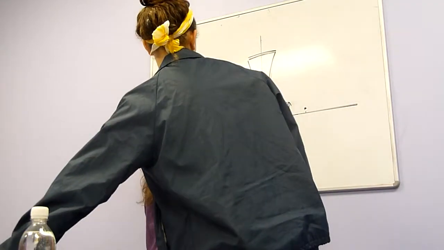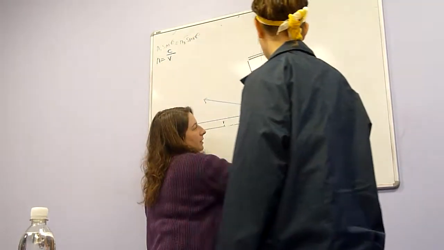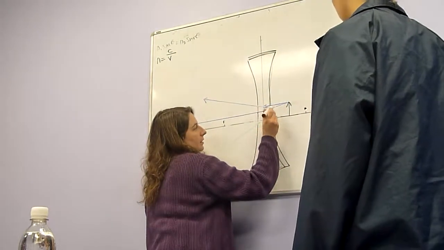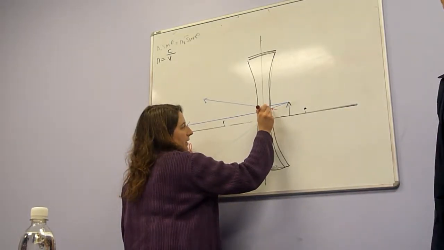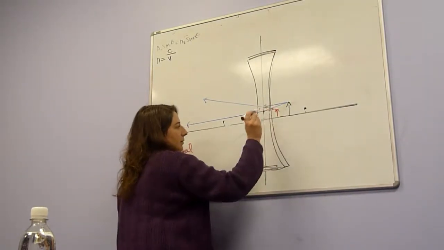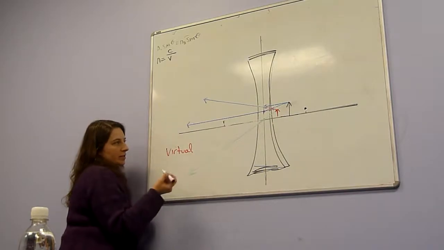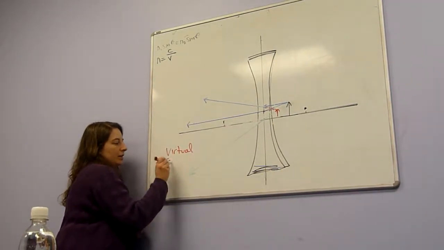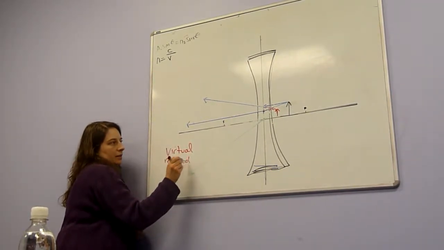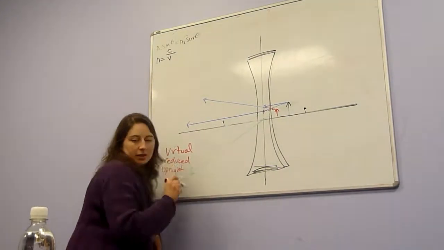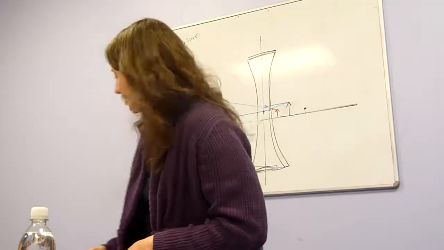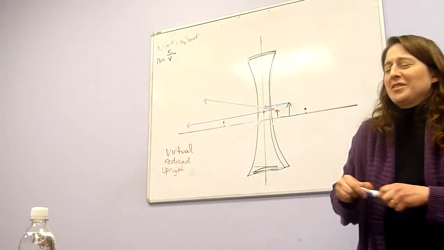Hopefully somewhere they'll meet, right there, and give me an image here. Is it reduced or magnified? Reduced. Is it inverted or upright? Upright. So let's see if that's what I got. Reduced, virtual, upright, hooray. I drew it.